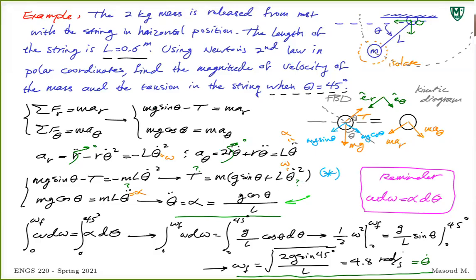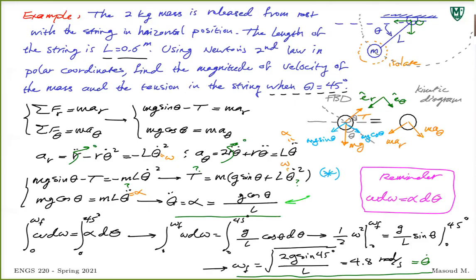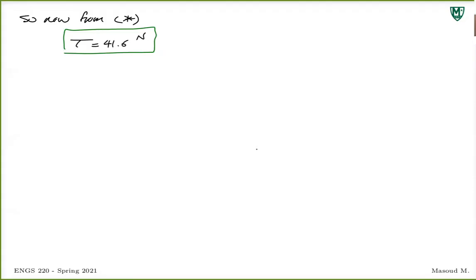You can just find T. So from star, you get T as, I'll just give you the final value, and obviously always double check my number, in newtons. There you go. So you got your velocity and you got your tension.